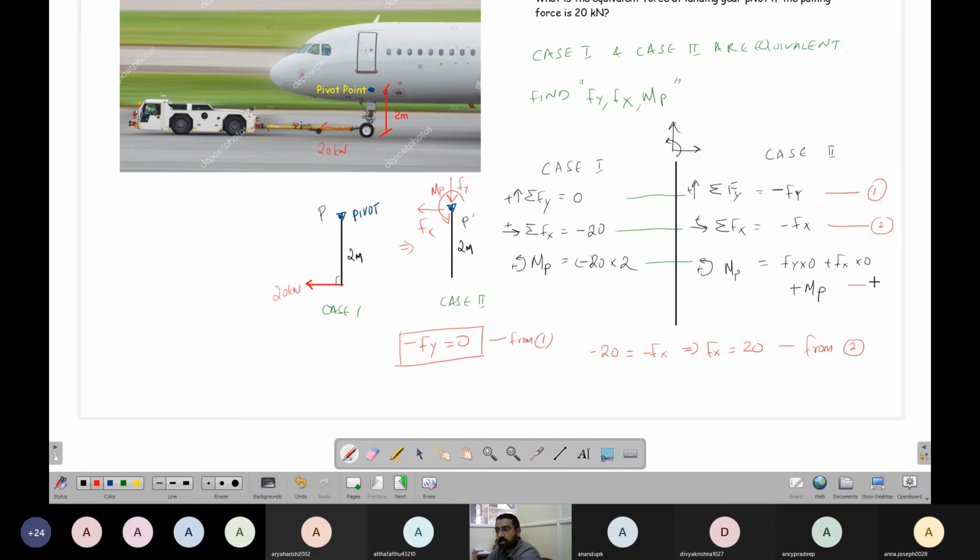Now if I take this third case, comparing again, minus 20 into 2, so that is minus 40. Minus 40 equal to MP. Okay. So MP is equal to minus 40. So I got the three results. I just have to draw them now. And the answer is done.